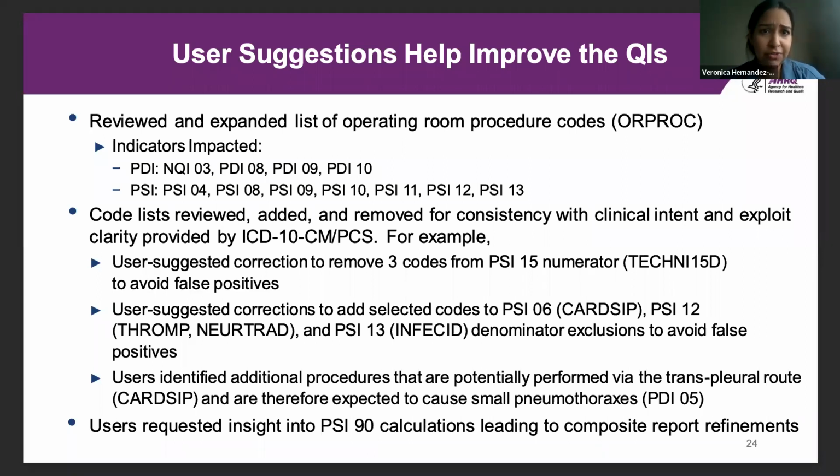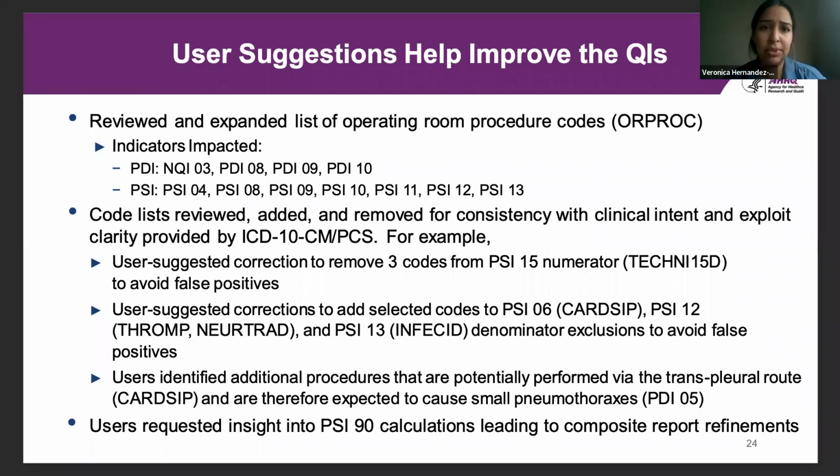Based on our user feedback, we've reviewed and expanded the list of operating room procedure codes, and this impacts several PSIs and PDIs listed on this slide. We've also refined certain code lists to better align them with an indicator's clinical intent and to take any new coding guidance into consideration.